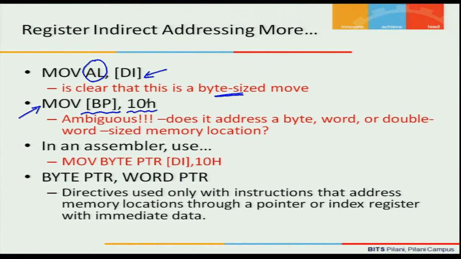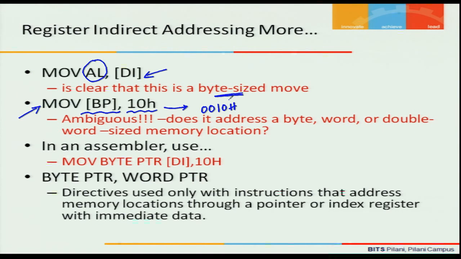So you really do not know whether you are talking about a byte to be moved or whether you are talking about 0010 hex, a word size value, to be moved. If you just write the instruction as shown here, the assembler would find it ambiguous and it will raise an error condition. The assembler would not know whether it is 0010 which is to be moved or just a byte size 10 hex.